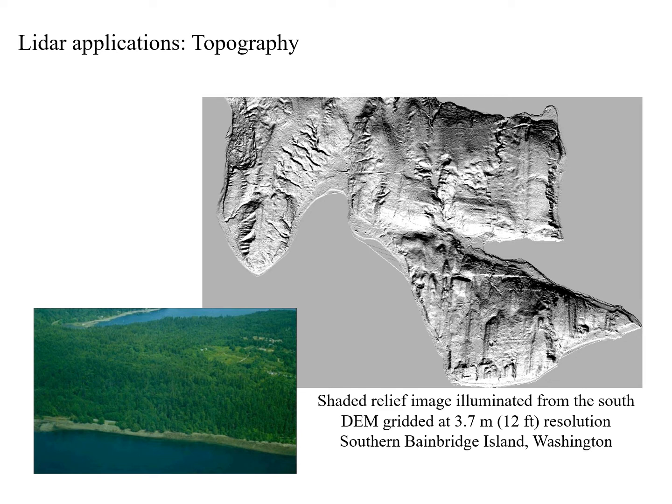Here we have a shaded relief image, illuminated from the south. This is a 12-foot resolution DEM. If you look carefully, where the lower part of the island meets the northern part of the island, there's a white line, and that's the microfault.